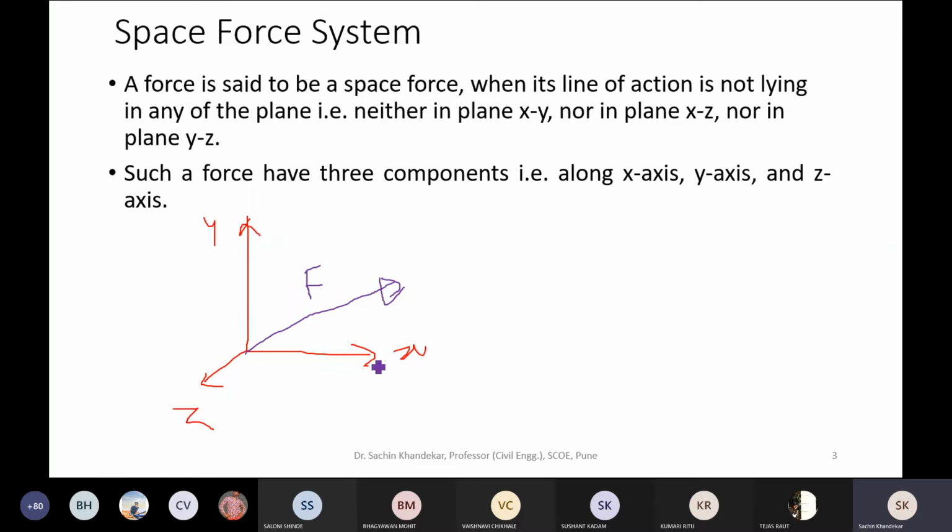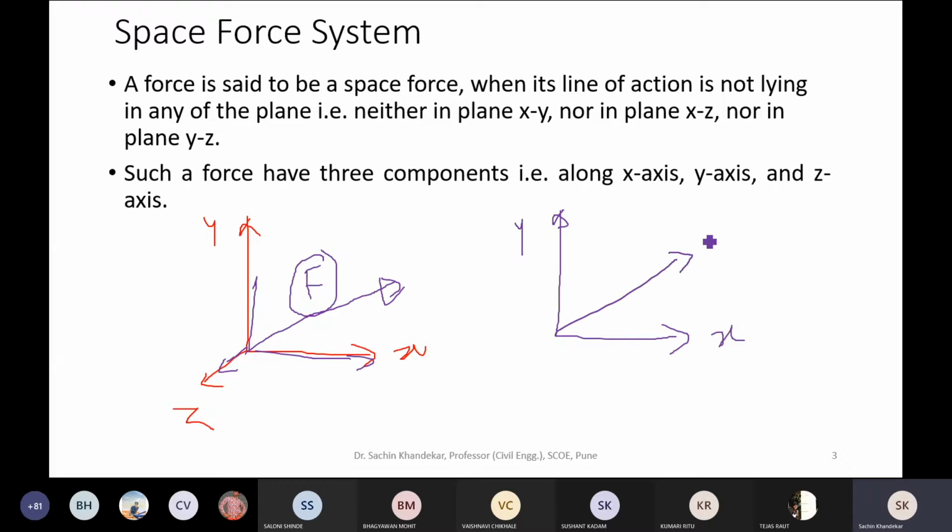It is lying neither in the xy plane, nor in the xz plane, nor in the yz plane. That is why this force will have three components: one along the x-axis, second along the y-axis, and third along the z-axis.